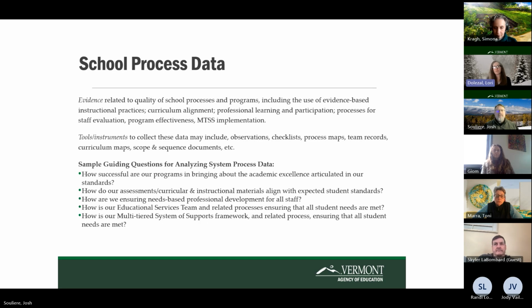How do assessments, curricular and instructional materials align with those student standards or teacher standards if you're talking about evaluations? How are we ensuring needs-based professional development for all staff? And how is our multi-tiered system of supports framework and related processes ensuring that all students' needs are met?